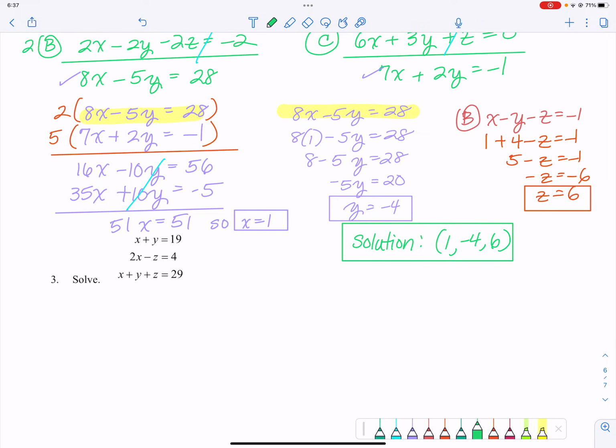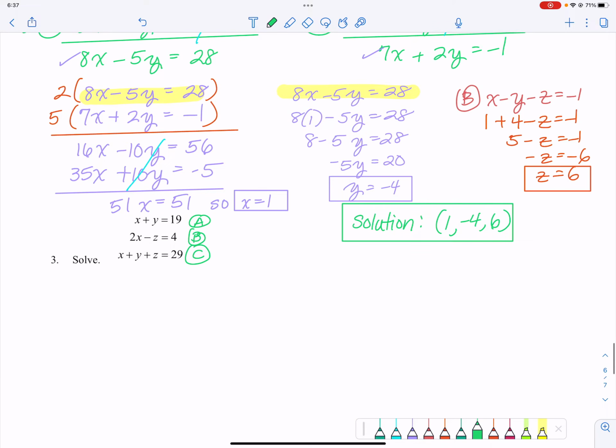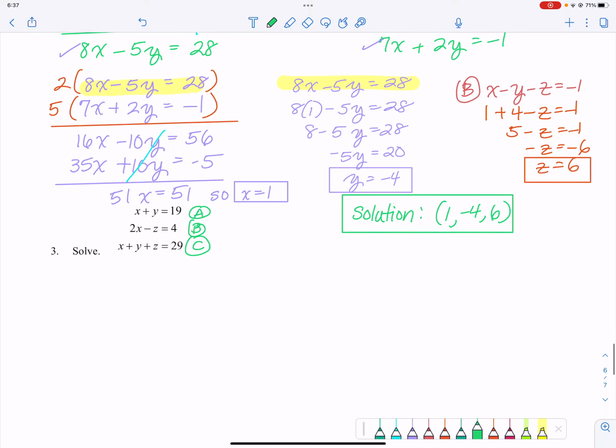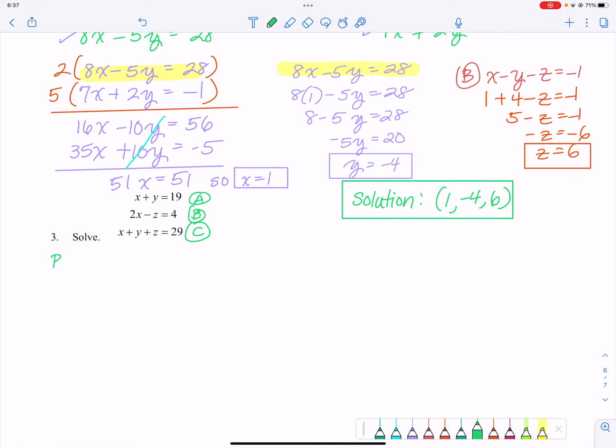Okay, let's look at number 3. And in number 3, we'll go ahead and have equations A, B, C again. And as you can see, we can eliminate Z right away with B and C. That should say plus.